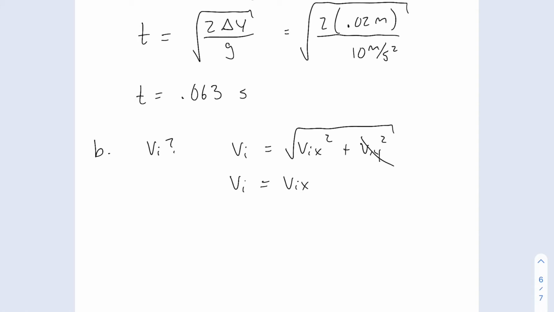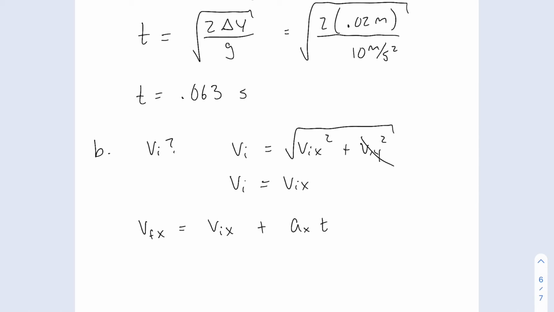So let's pick an x direction equation that has that value in it. I'm going to pick the wrong equation to start with just to show you one thing. So I'm going to pick this equation, v final x equals v initial x plus ax times time.